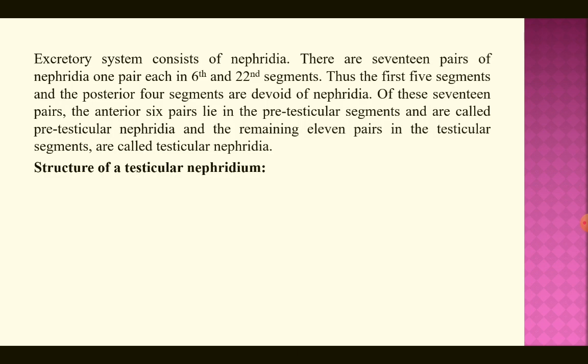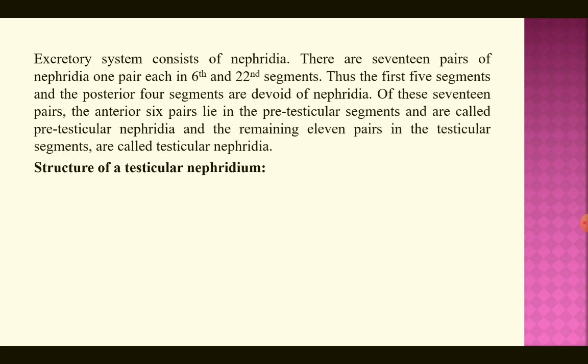So the excretory system consists of nephridia. There are 17 pairs of nephridia, one pair each from the 6th to the 22nd segments. The first 5 segments and the posterior 4 segments are devoid of nephridia.